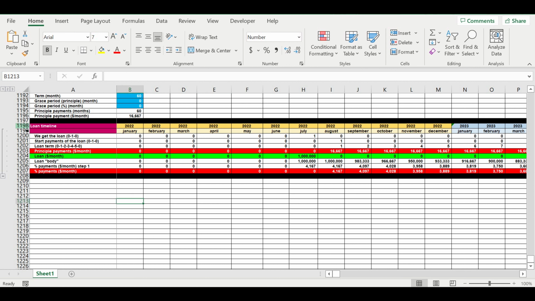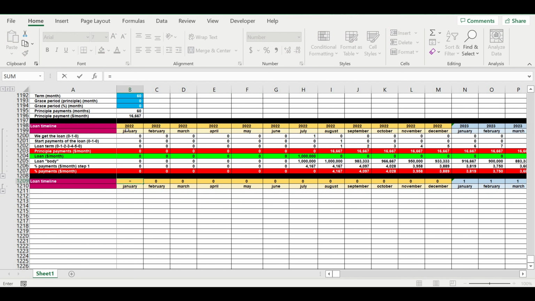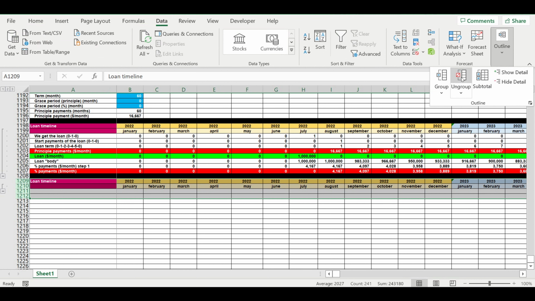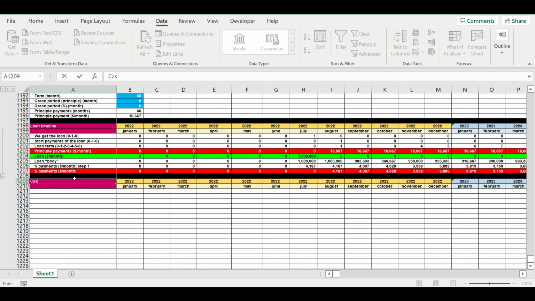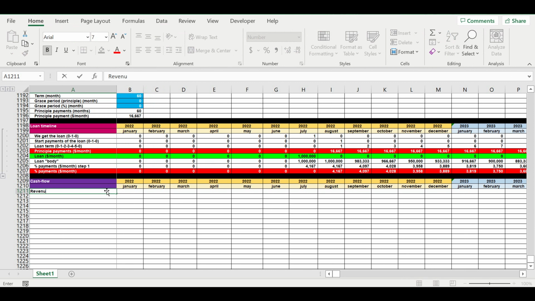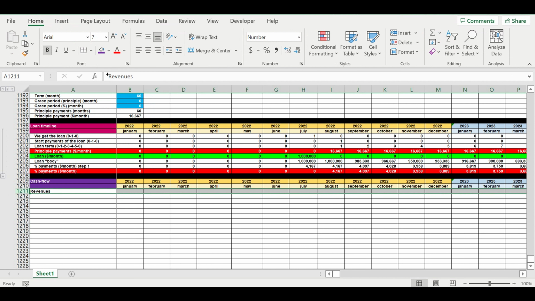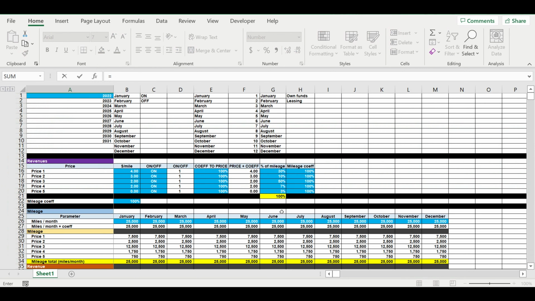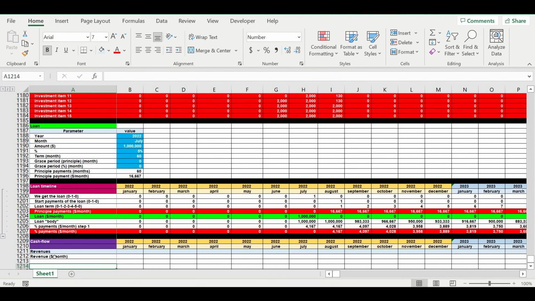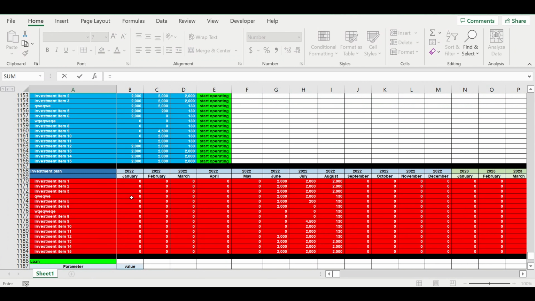So let's start. First of all, we create the timeline for our cash flow, starting from revenues. Our revenues are formed by revenues from mileage, and the second component of the revenue is when we sell an old truck.